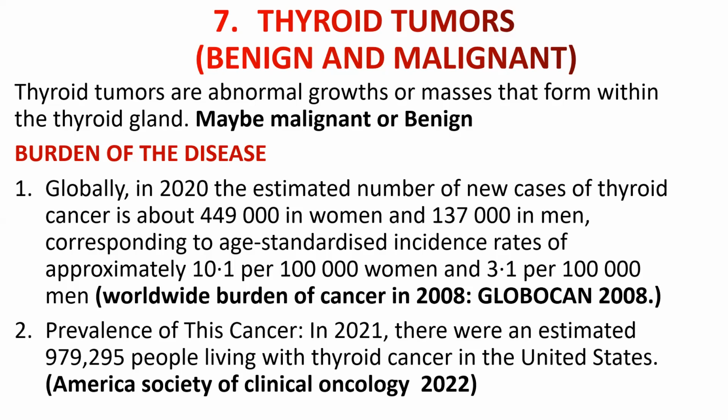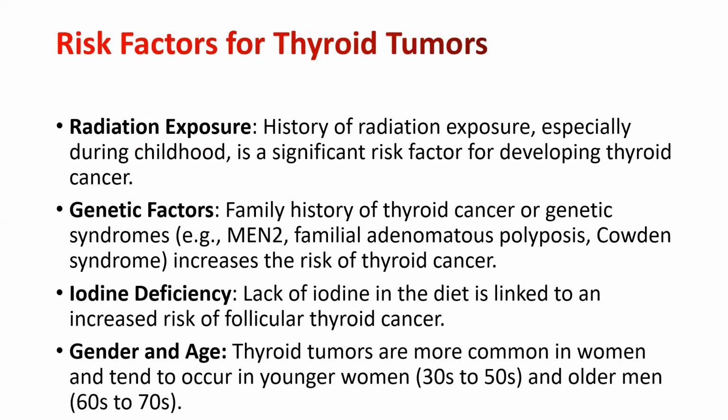That's according to GLOBOCAN 2020. Prevalence of this cancer in 2021: there were an estimated 979,285 people living with thyroid cancer in the United States. That's according to the American Society of Clinical Oncology. Risk factors for thyroid tumors.